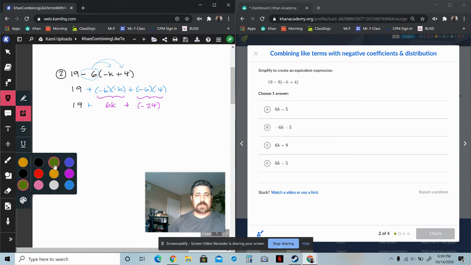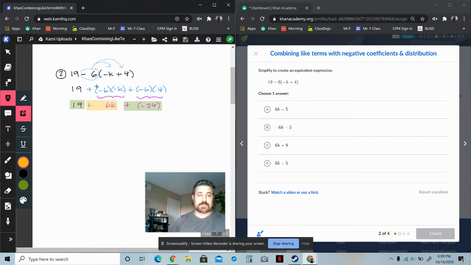So I see that you've got 19 as a constant and negative 24 as a constant that you're adding to that. We have one term that's on its own that doesn't have anything to combine with, and that's a k. So we only have 6k, that's it. There's no other terms that have k in it. So we're going to put together our constants, and we're going to leave that 6k as just 6k.